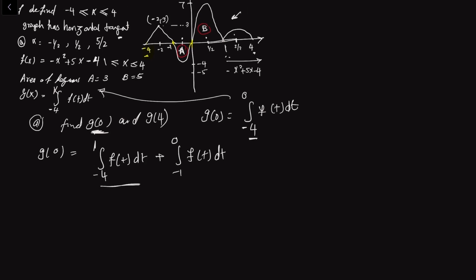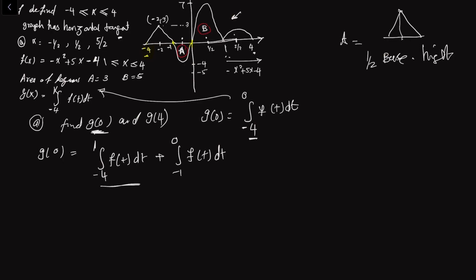From -4 to -1, if we see, this is a triangle. What is the area of a triangle? Half the base times the height. So let's apply this here.